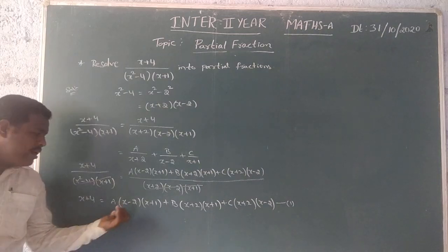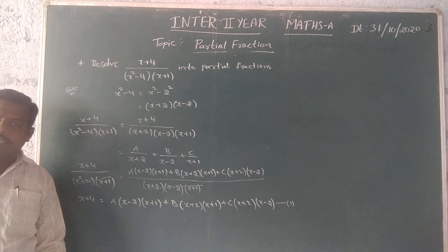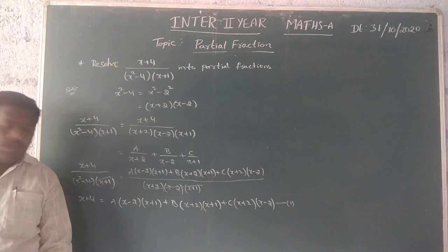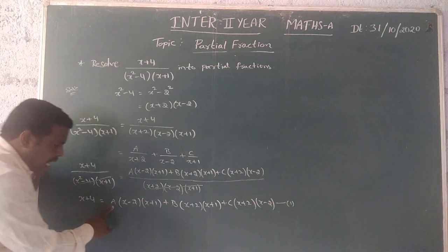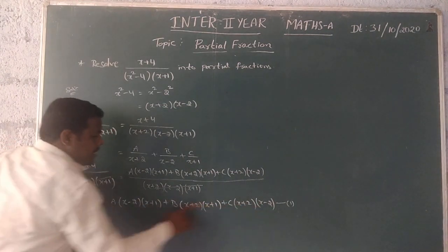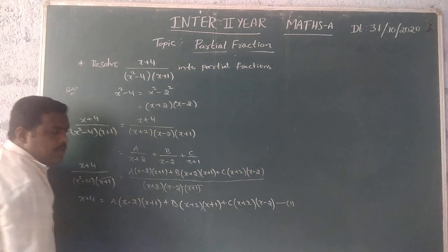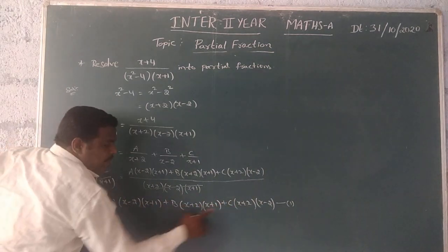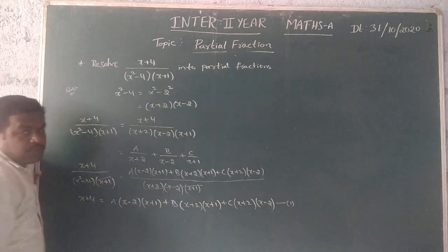In equation 1, on the right side there are three terms, a, b, c. In these three terms, what are the common coefficients? In a and c, the common coefficient is x minus 2. In b and c, the common coefficient is x plus 2. In a and b, the common coefficient is x plus 1.